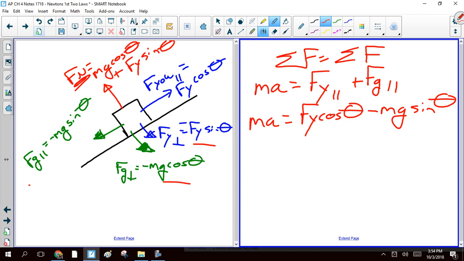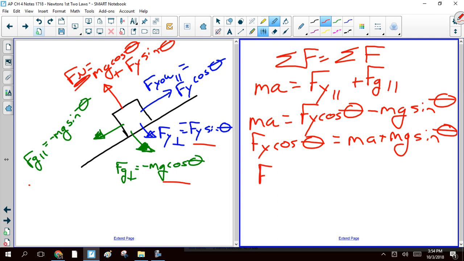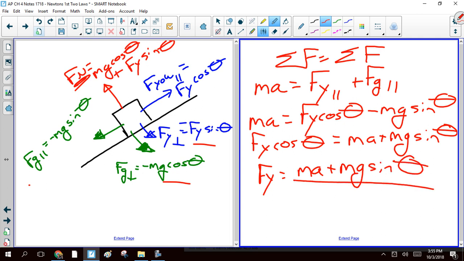So let's see, we can add, so we get FU times the cosine of theta equals ma plus mg sine theta. And then divide both sides by cosine of theta. So FU ends up being ma plus mg sine theta, which is the same as what we had before, divided by the cosine of theta.